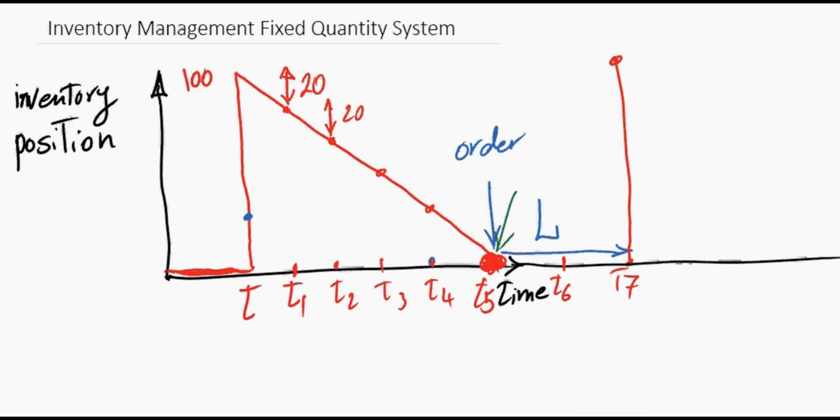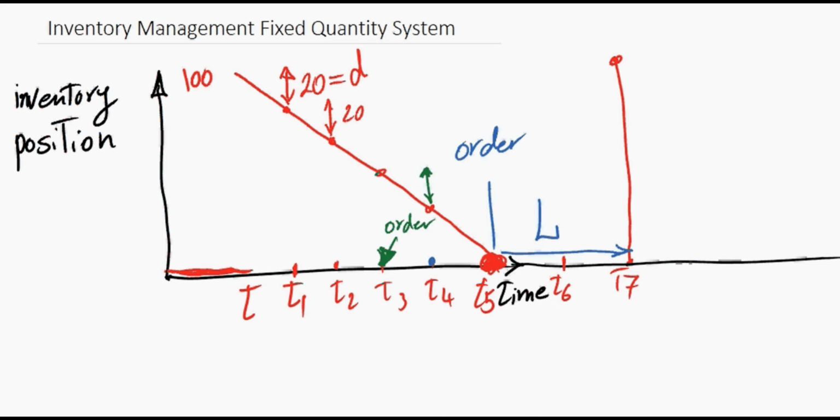So for example, if I put a purchase order at T3, I'm sure that if the lead time is 2, it will arrive after 2 days, so exactly at T5, assuming that we are living in this world where the demand per unit of time is constant. Then if I order at T3, it will arrive at T5.